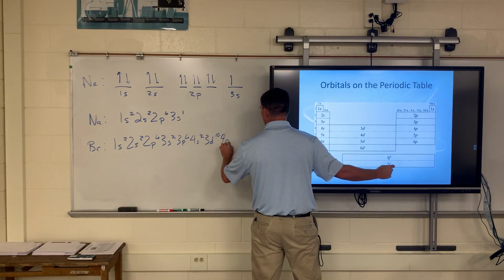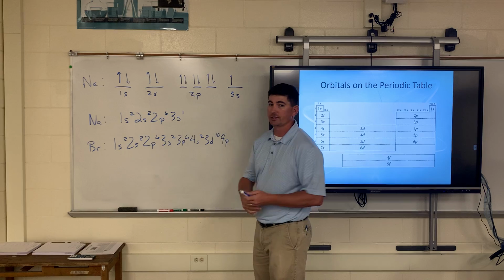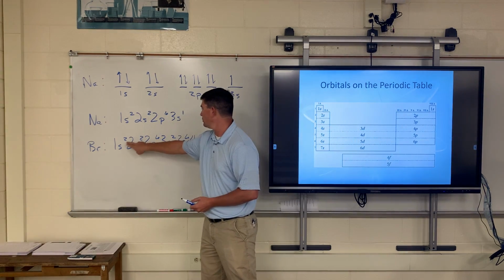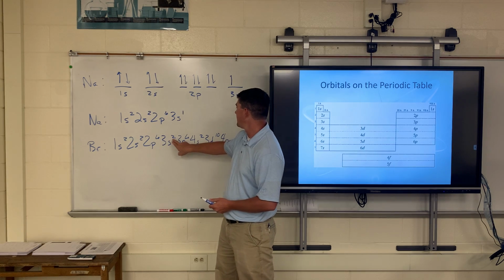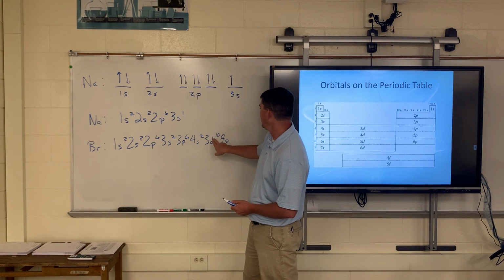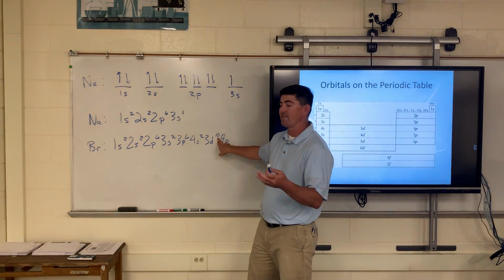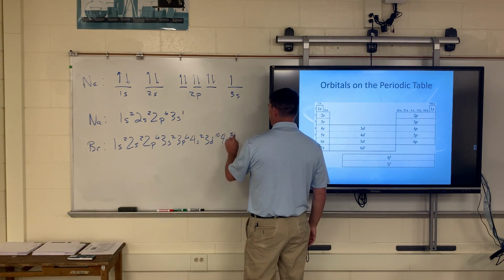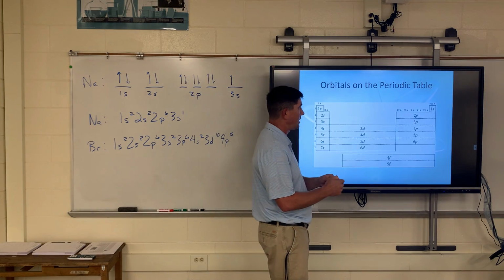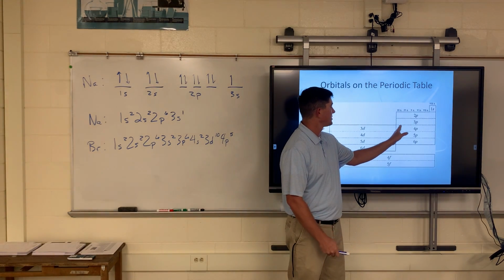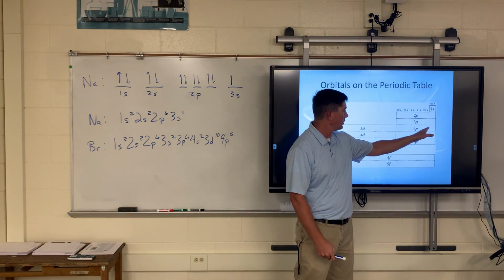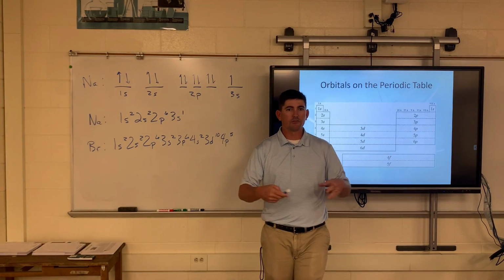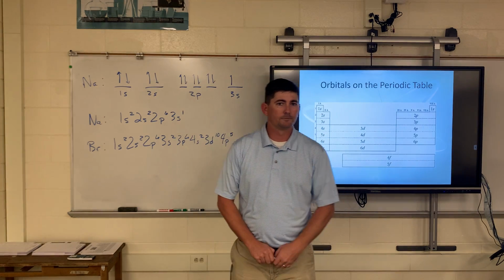So 4p holds a total of 6, but we only need 5 more because we got 2, 4, 10, 12, 18, 20, 30, and we only need 5 more because bromine has 35 electrons when it's neutral, so 4p5. And once again, if you're looking on the periodic table, you will see that bromine is the 1, 2, 3, 4, 5th one over, with the noble gases being the 6th one with that completely filled outer valence shell.